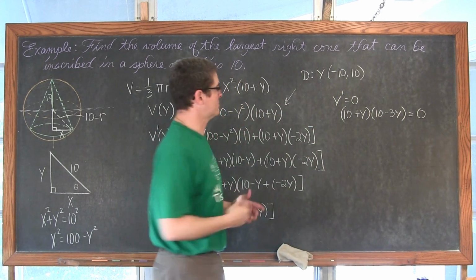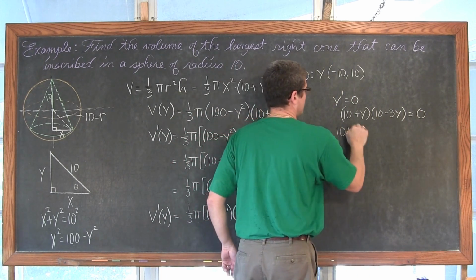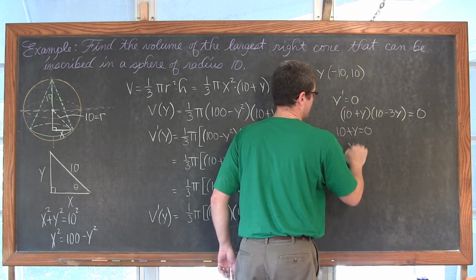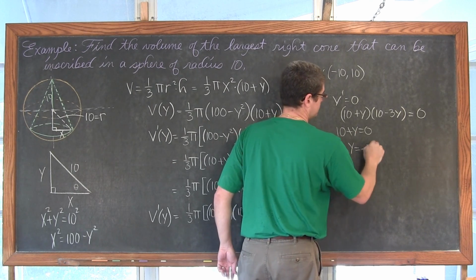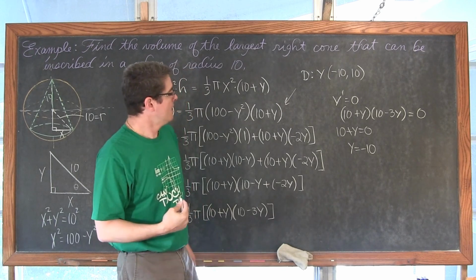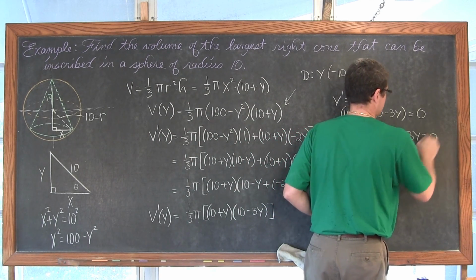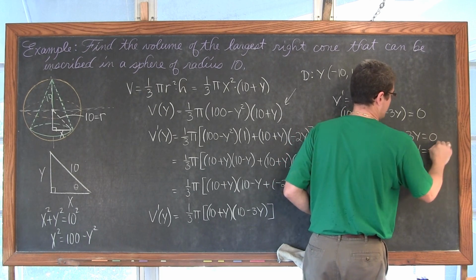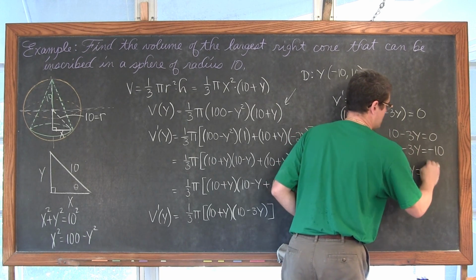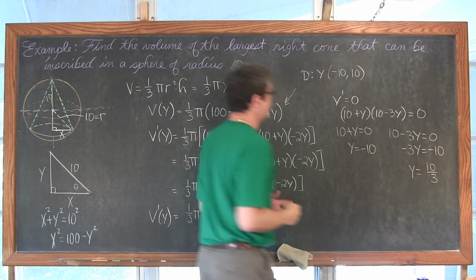We're going to set each of these factors equal to 0. We have 10 plus y is equal to 0, and that means that y can go down to -10. Or we have 10 minus 3y is equal to 0. That means -3y is equal to -10, and ultimately y is equal to 10 over 3.